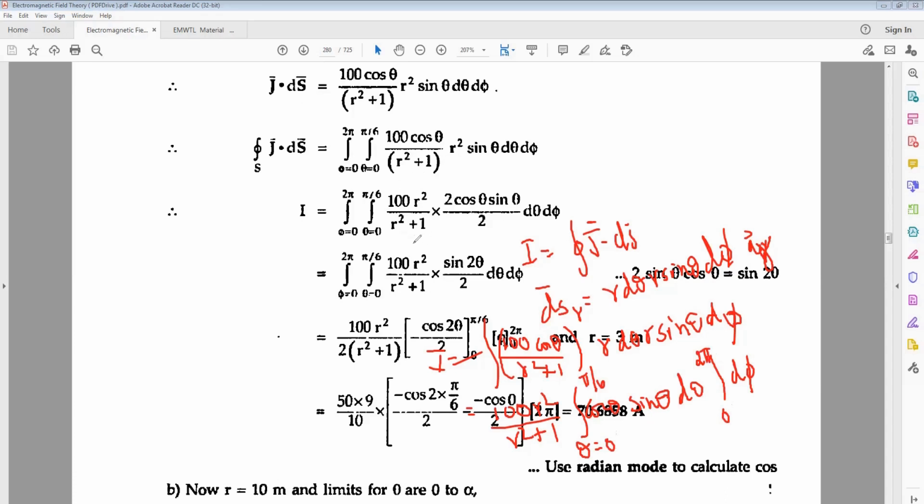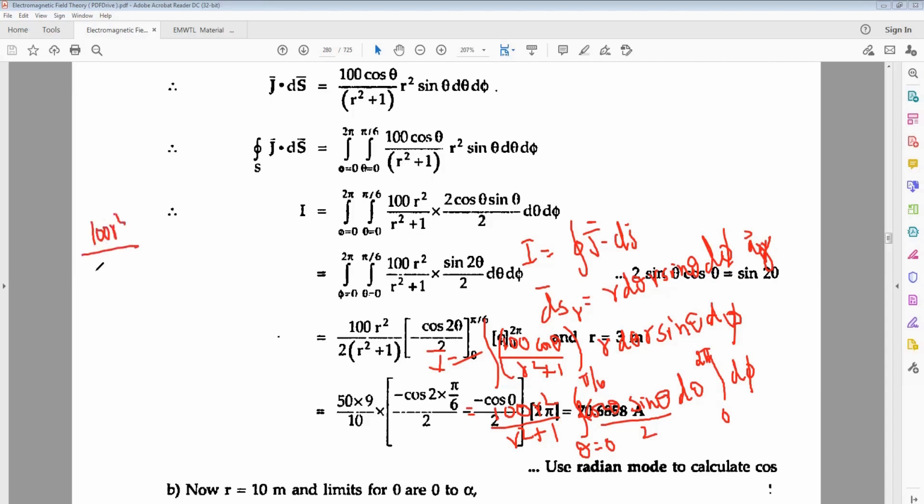So 100 r² by (r² + 1) is a constant, and multiplying and dividing by 2, 2 cos theta sin theta becomes sine 2 theta.